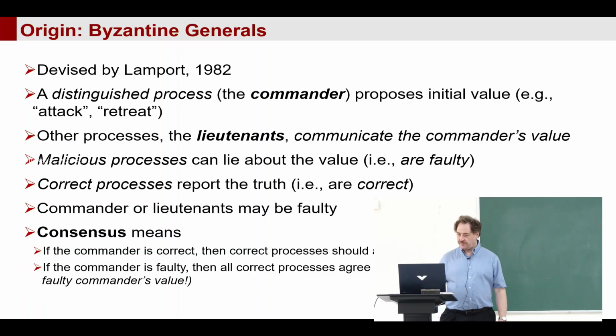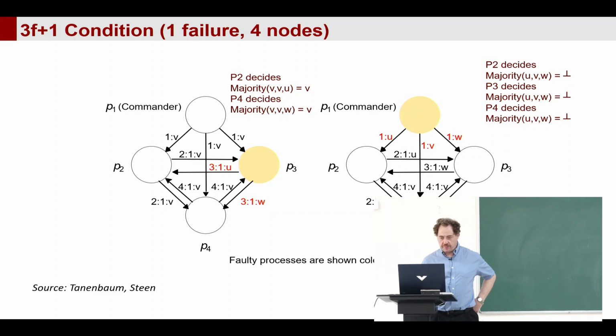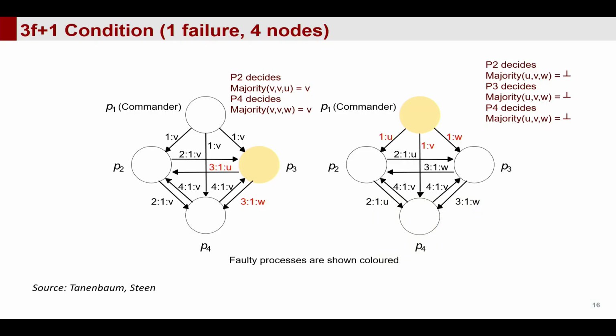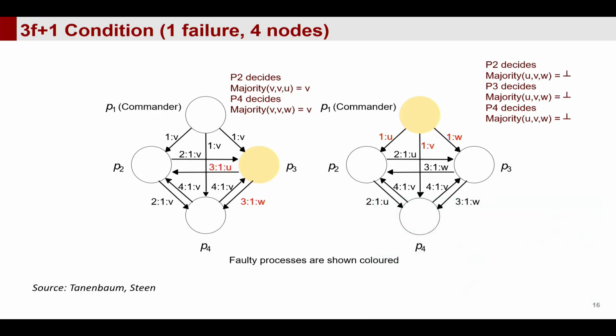So let's take a look at a few scenarios. This is a scenario with four nodes, of which one can be Byzantine. And the Byzantine node is colored in a different color. So in this scenario, the commander would send a certain value V to all of the lieutenants.